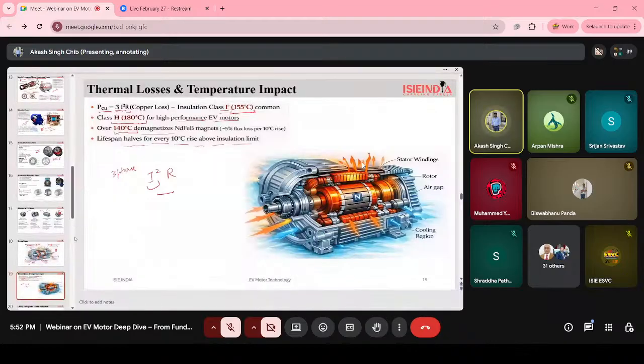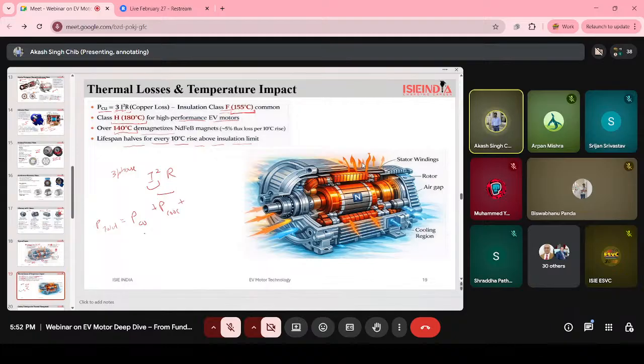We can calculate it by P total power. If we are calculating the power, we use P total, which is P copper plus P core.